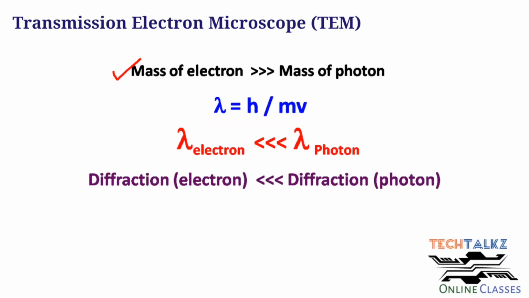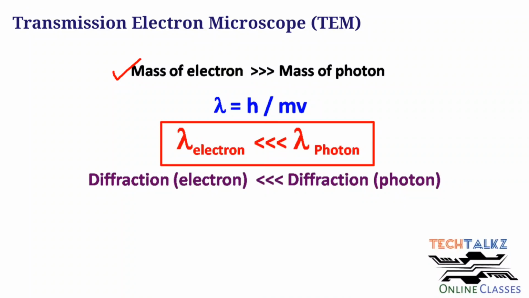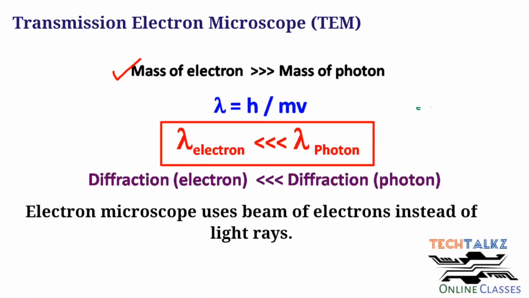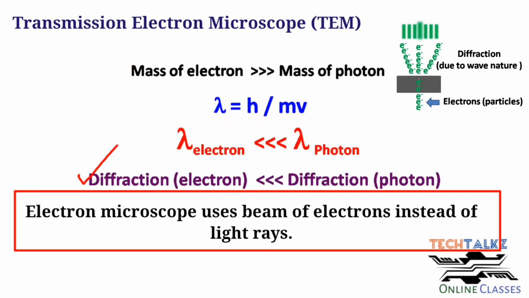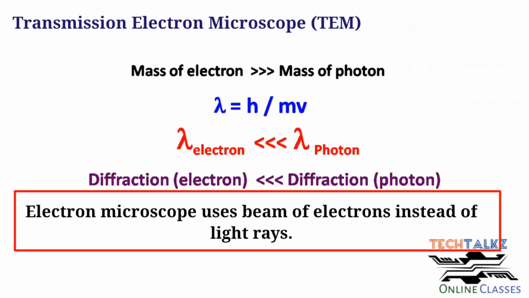The mass of an electron is much higher than that of photons, and therefore the wavelength of electrons will be smaller than that of photons. So in the electron microscope, we use an electron beam instead of light rays. Since the diffraction is less, the diffracted waves can be easily captured by the lenses.